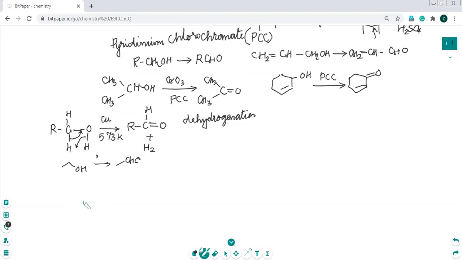Now let us look at other methods. We have many other methods of making aldehydes and ketones, quite a few. Maybe a couple more we will see. Let me just check.